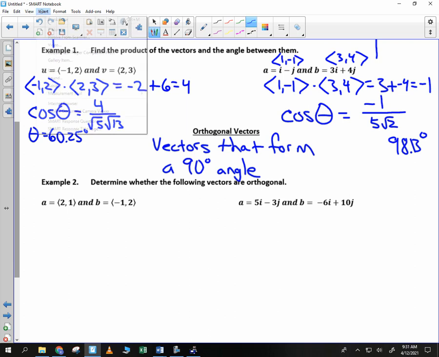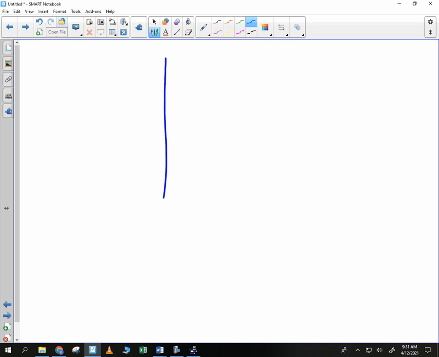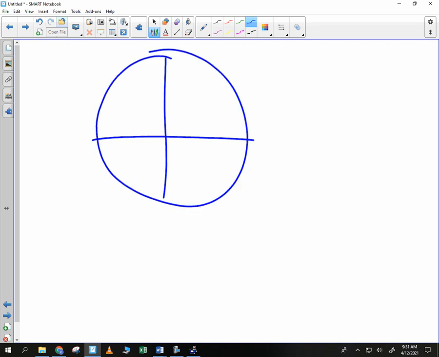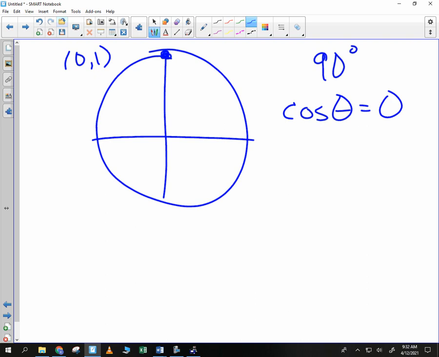I want to help you understand this. So 90 degrees is right up here, right? What's that terminal point? What's that coordinate? 0, 1. Is cosine the x value or the y value? X. So that means that 90 degrees happens when cosine of an angle is equal to 0, right?